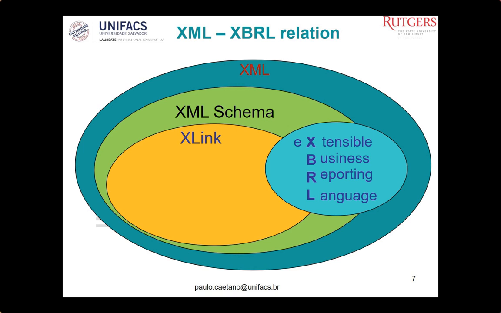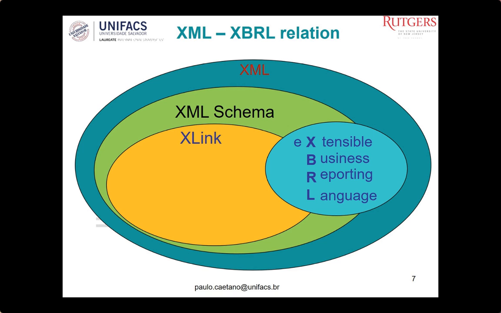You know the W3C? The W3C is the World Wide Web Consortium, the consortium that establishes recommended specifications for the internet. And Xlink is a recommendation based on schema, XML schema, and XBRL schema is another recommendation based on XML.